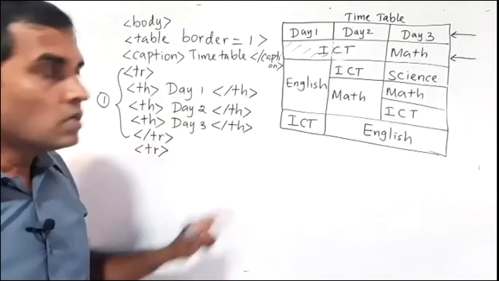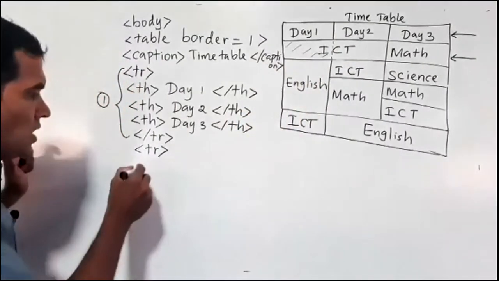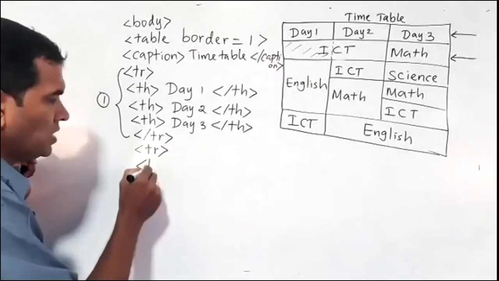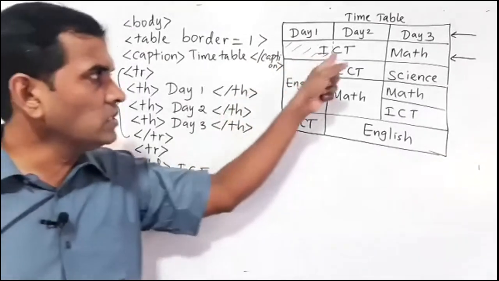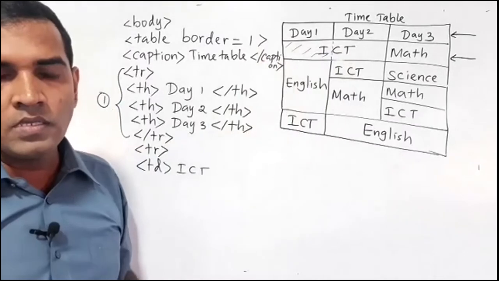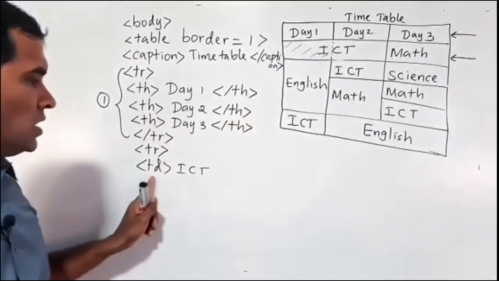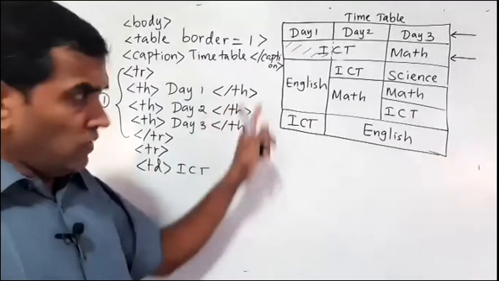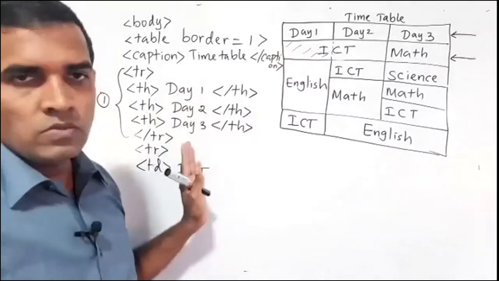But to create that cell, we cannot put TD because that's data, right? TD, ICT. This is wrong because look at that. ICT is not only in this cell, it is displayed in both cells. Since it is TD ICT, definitely it will show only ICT in this cell, but this is not right.